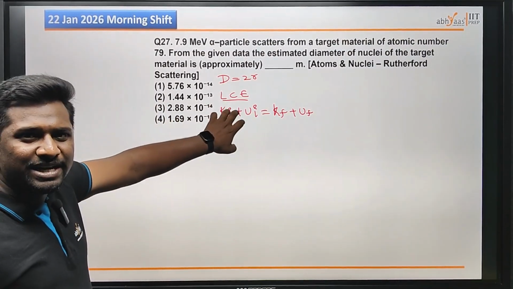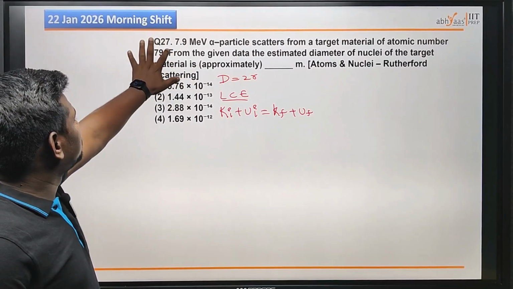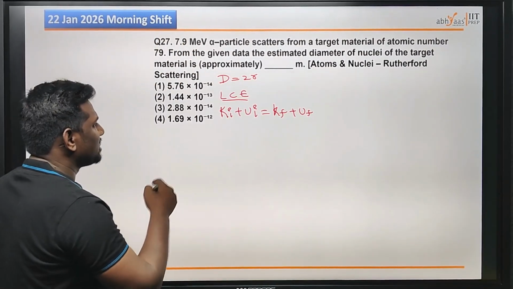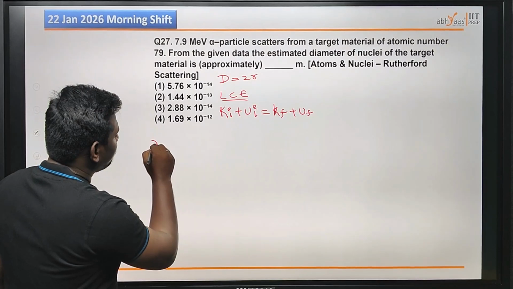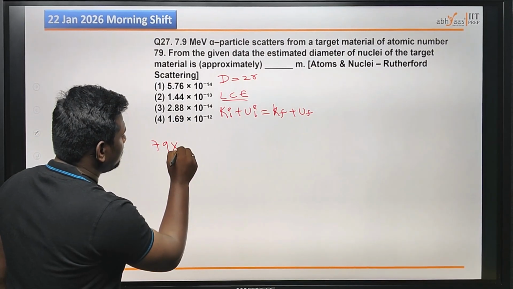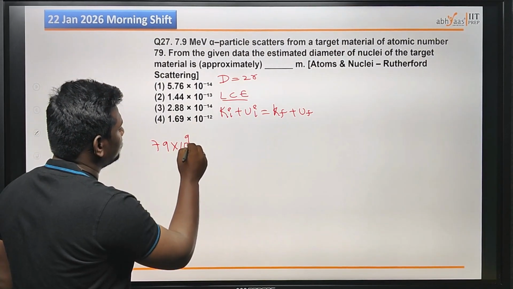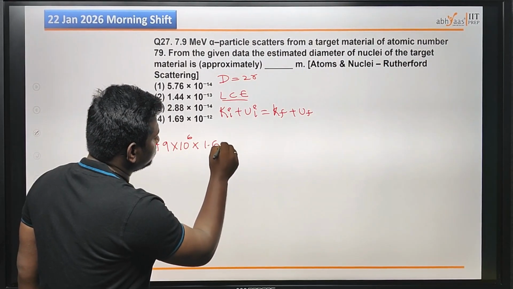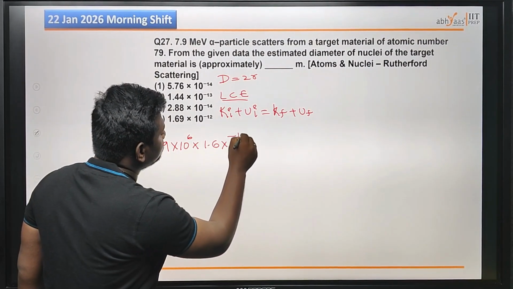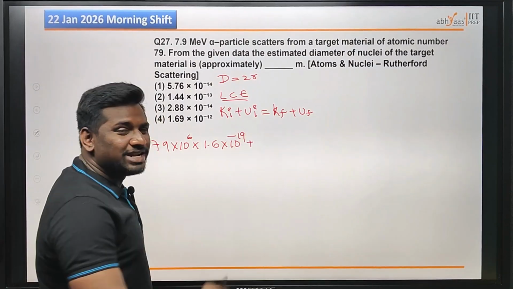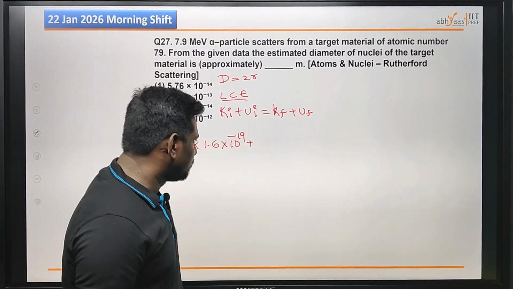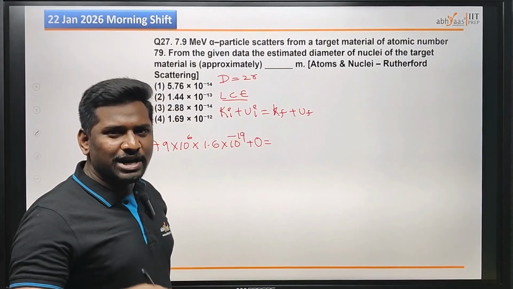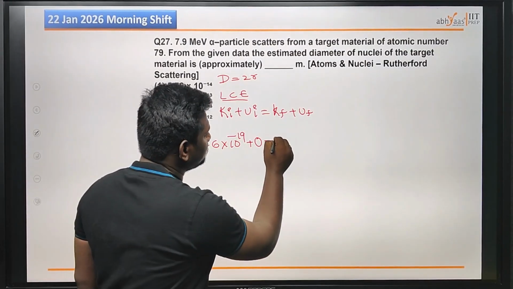So what is the initial kinetic energy? 7.9 mega electron volts. What about initial potential energy? 0. This is equal to final kinetic energy 0.